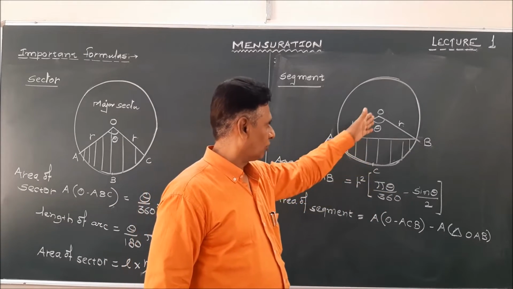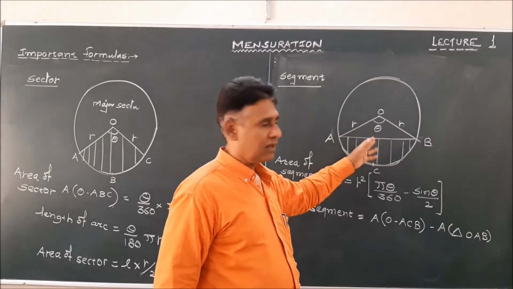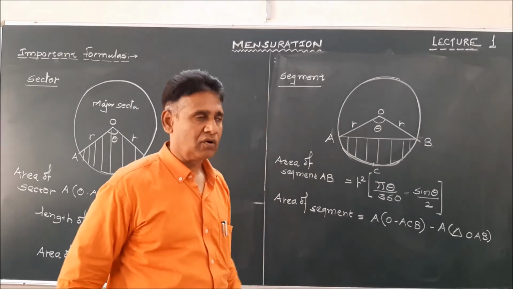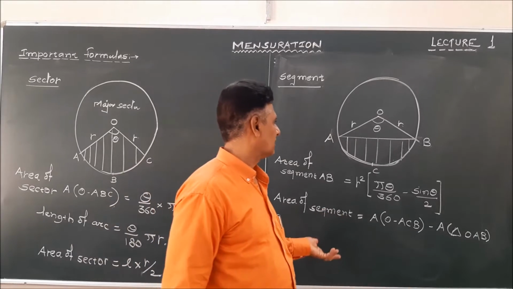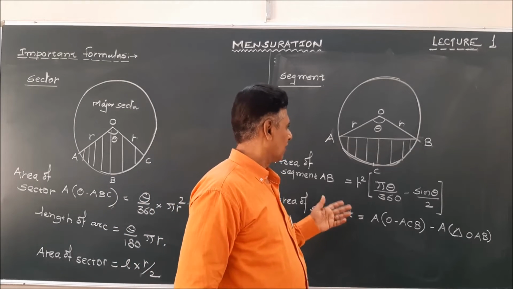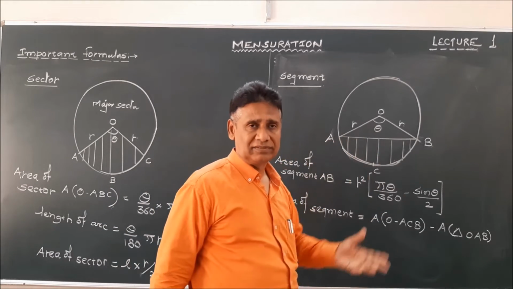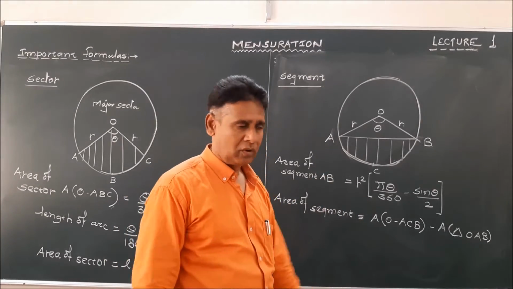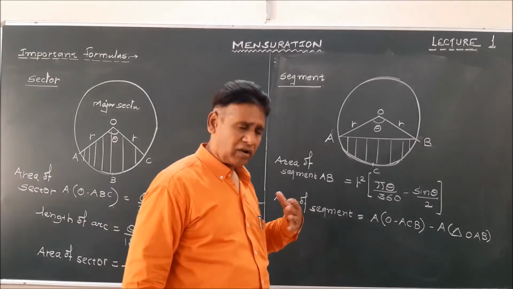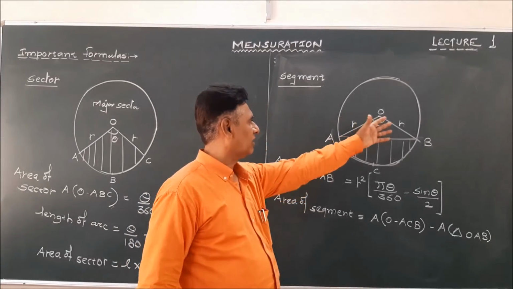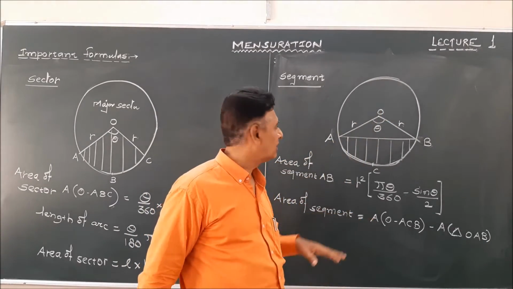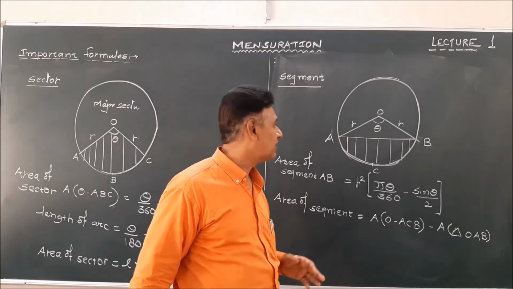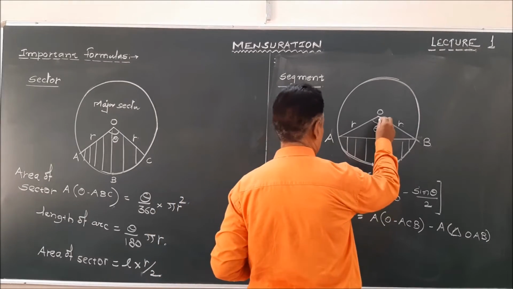Or generally you can draw a perpendicular from here, and then you can find out. But for us, formula for area of triangle is very simple. That is half base into height. You need to draw perpendicular.